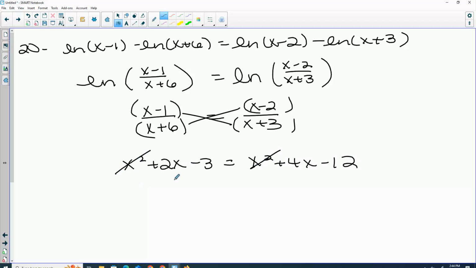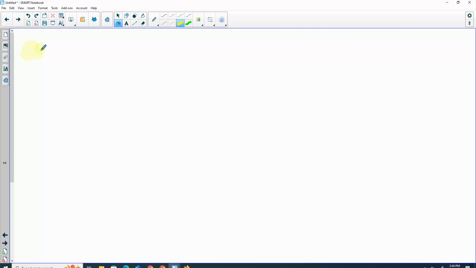Okay, I can bring over my 4x, add over my 3, divide, and we get 9/2. So that's like 4.5. So 4.5 minus 1 plus 6 minus 2 plus 3, all of those are good. If one of them wasn't, what would my answer become? 21.